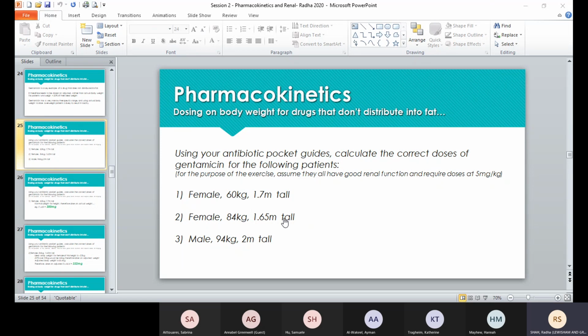Okay, let's go through the answers. What have people got for number 1? What should the dose be?